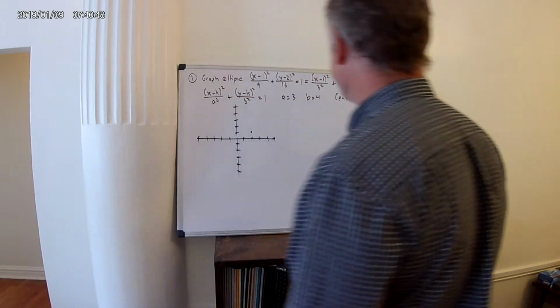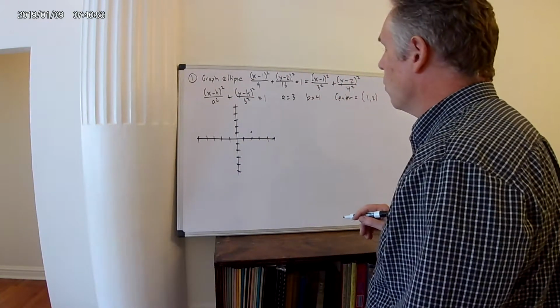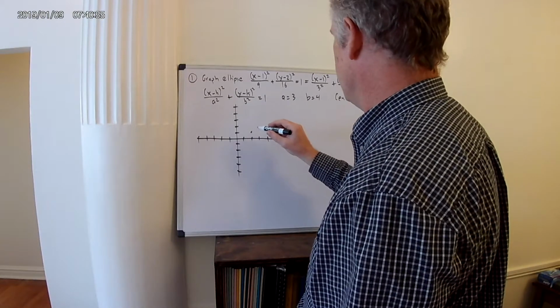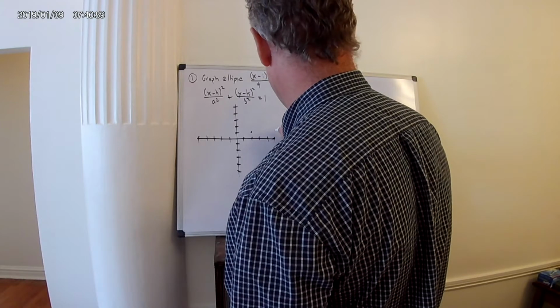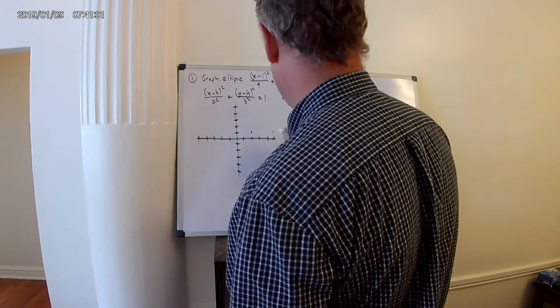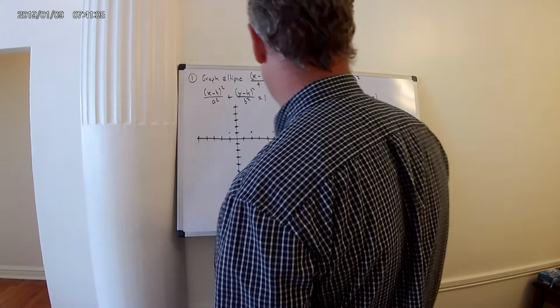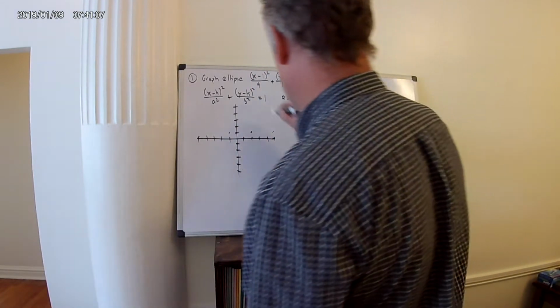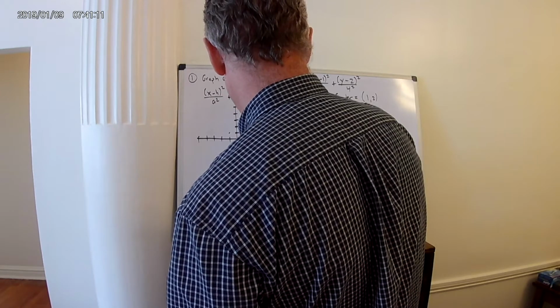To create the graph horizontally, we go 3 over, so we end up right here, and if we go 3 to the left, we end up right here. Now vertically, we go 4 up, so we end up here, and we end up down here.